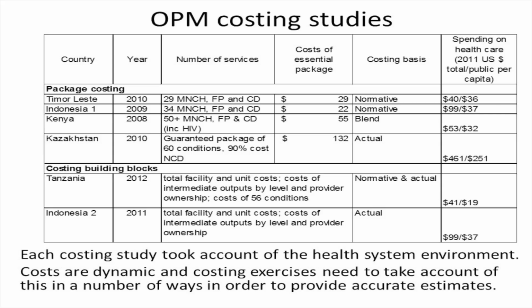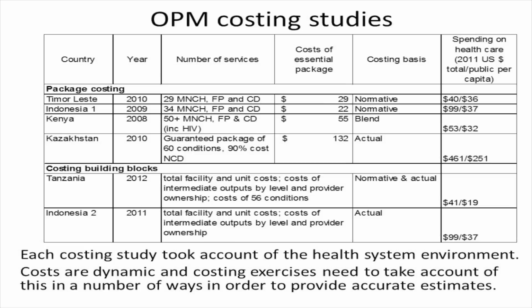OPM has undertaken, as I said, a number of studies over the years on costing. Some of these studies are in the table, which is also in the briefing on costing. And I've divided the costing studies that OPM's done into two parts.